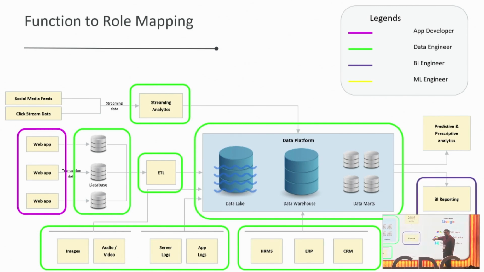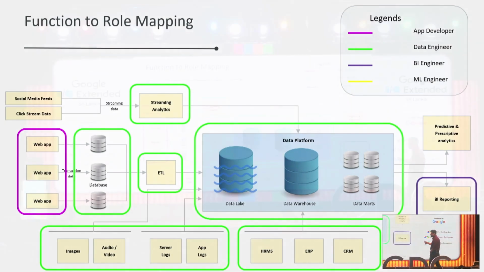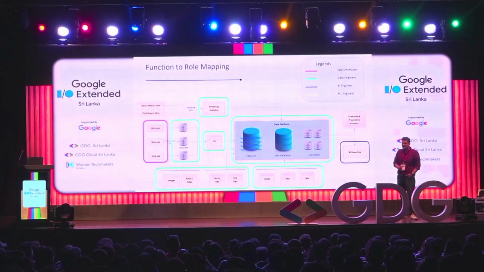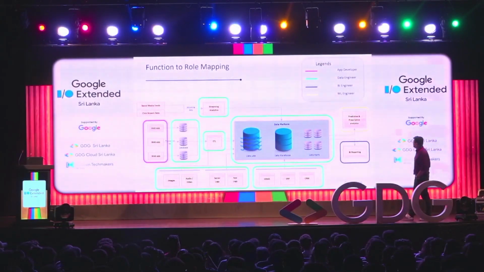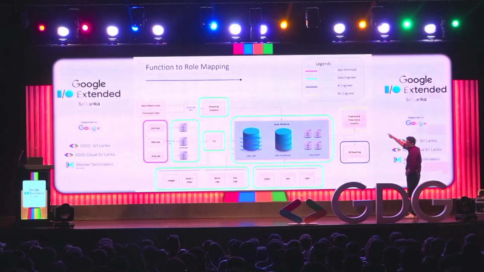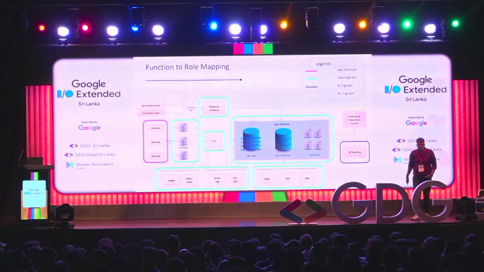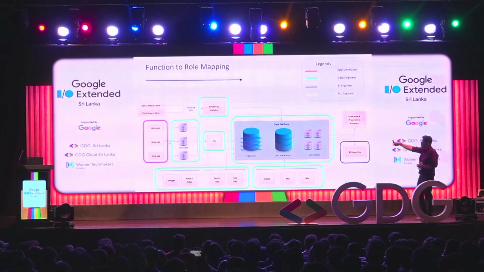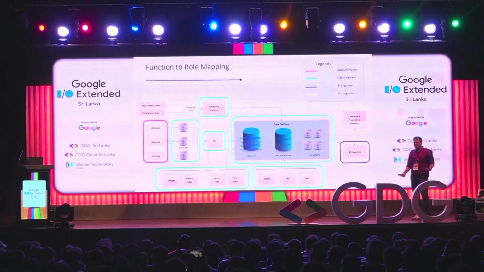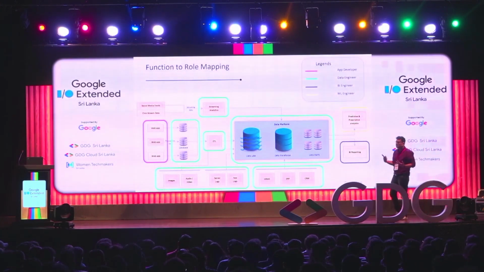The BI reporting will be handled by another role called BI developers. That generally is not handled by the data engineer. The prescriptive and predictive analytics is handled by the ML engineer. Okay, so now you understand, out of the entire landscape, what is the importance of the data engineer?